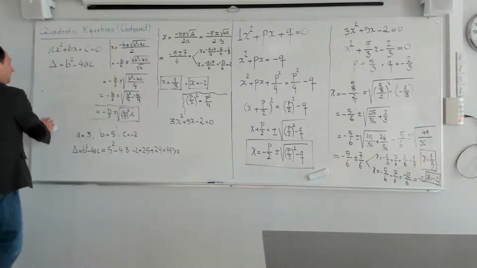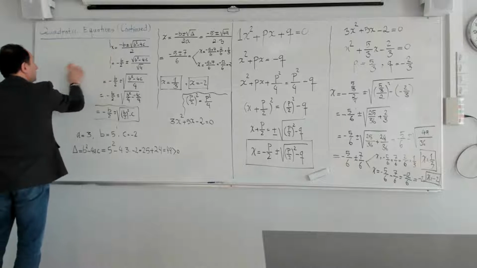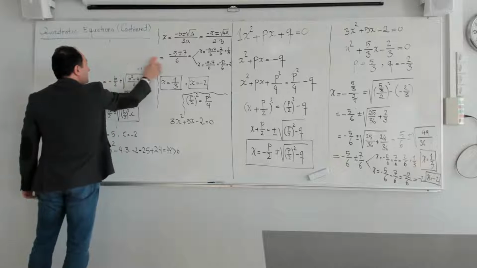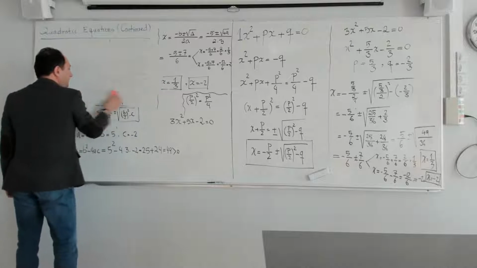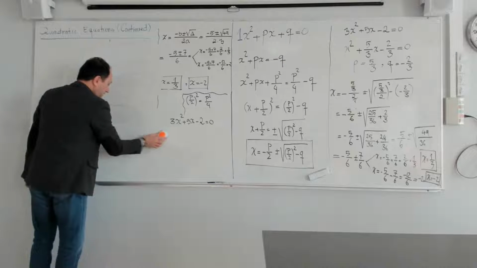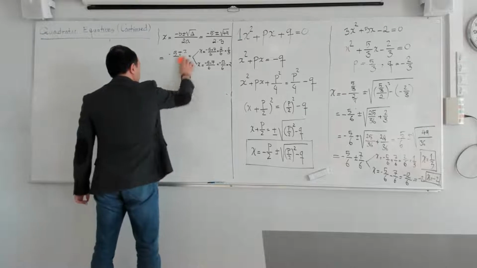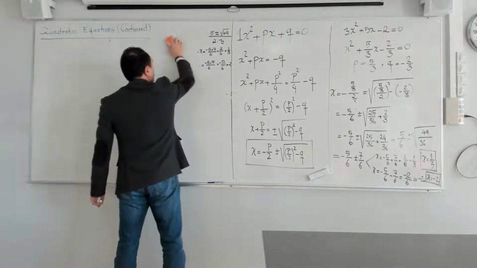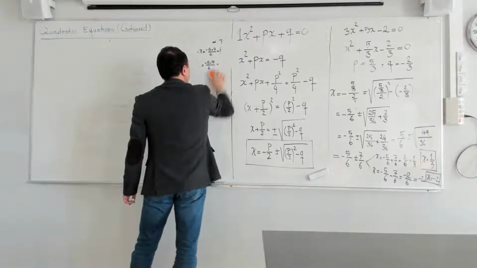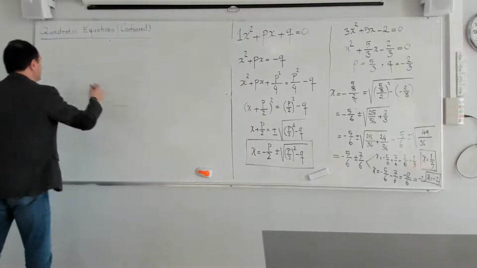Good. So let me clean. And I don't need to write the formulas, I think. So let me write the formula on top and then give you some examples. So this is the example that we want to talk about today.